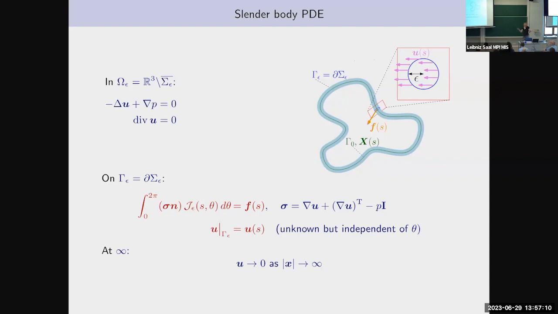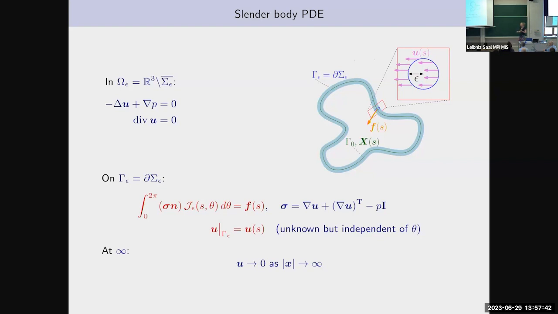But sort of as alluded to on the previous slide, right, that's not going to be enough information on its own to uniquely solve for a fluid velocity outside of the filament. And so we have to actually make use of this fiber integrity condition, this geometric constraint on the filament, where we want to actually strictly impose that the velocity over each cross-section of the filament is constant, right?